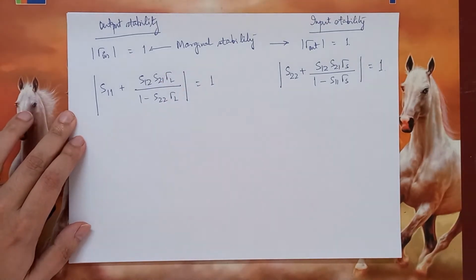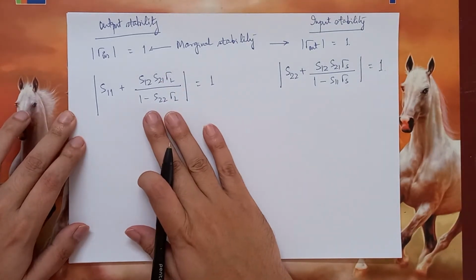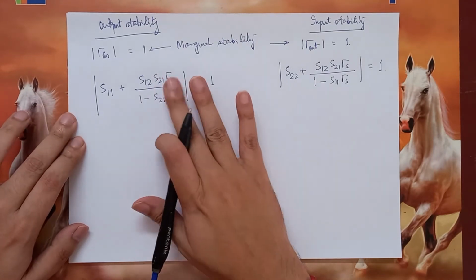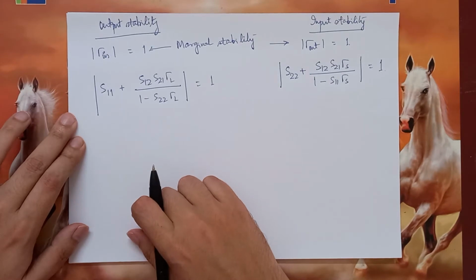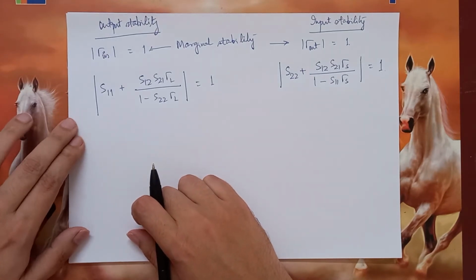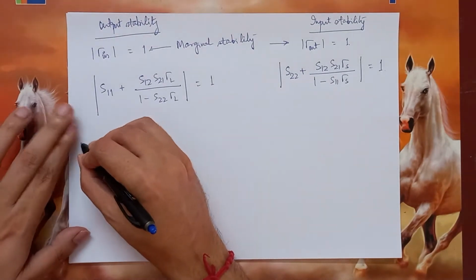So using some mathematical manipulation, one can isolate the gamma L in this case and gamma S in this case as a separate term, and what is seen is something like this.